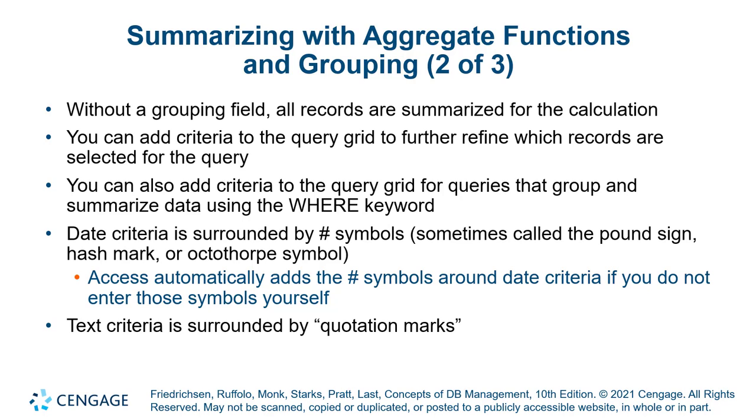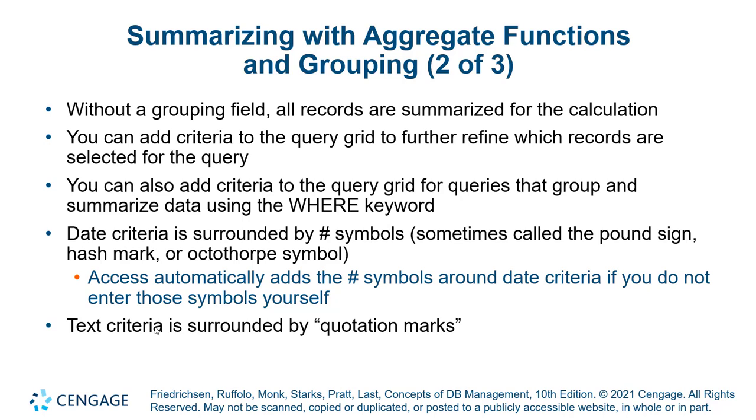We saw that before when we used the criteria with the word database, and we put quotes, but we saw that Access automatically put the quotes in there for us. It does the same thing with the pound symbols, so that's pretty nice of them.